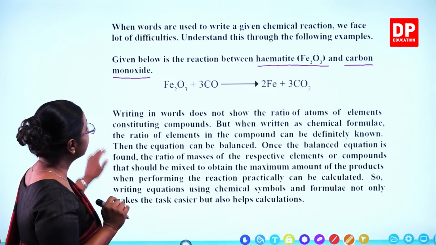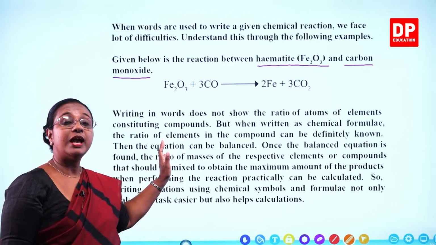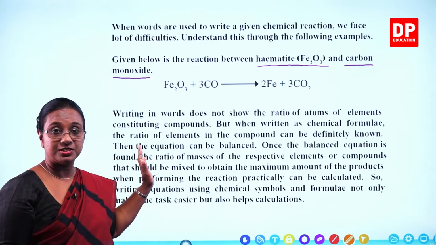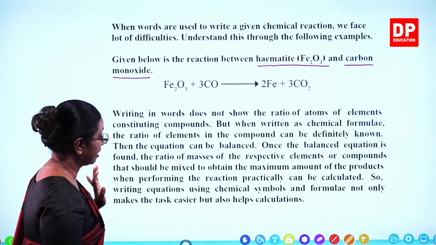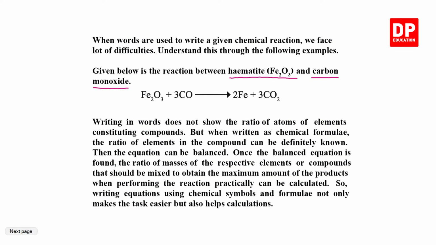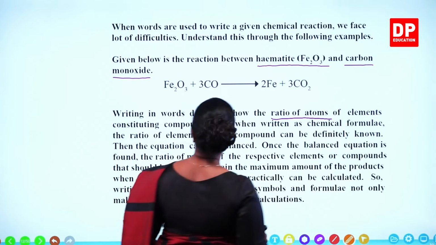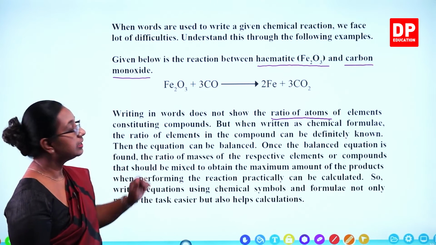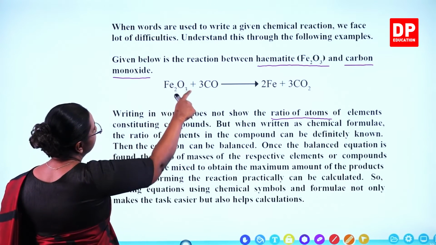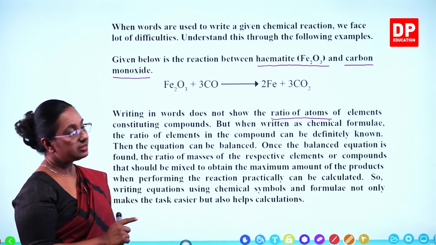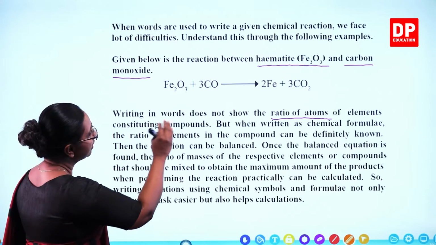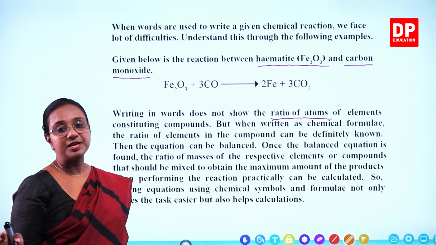If we write this as a word equation, you cannot get a lot of information. We will look at that now. Writing in words does not show the ratio of atoms of elements constituting compounds. So here we will be writing it as hematite plus carbon monoxide giving iron and carbon dioxide.